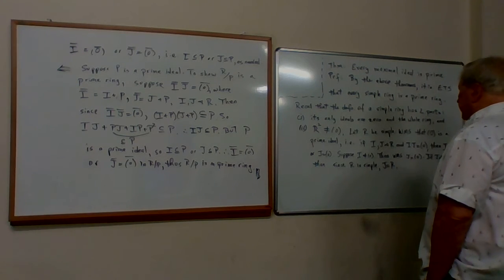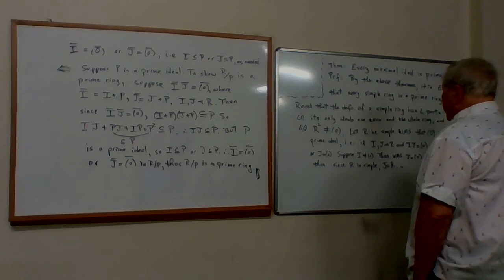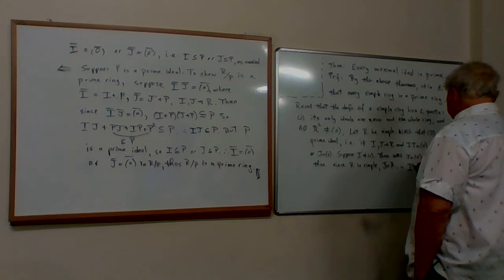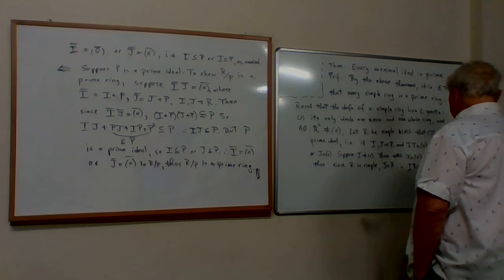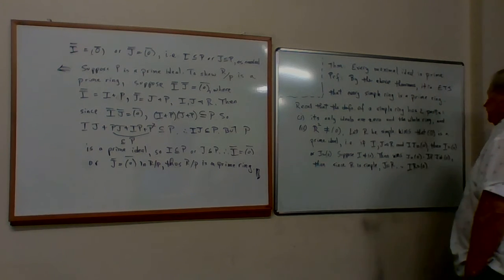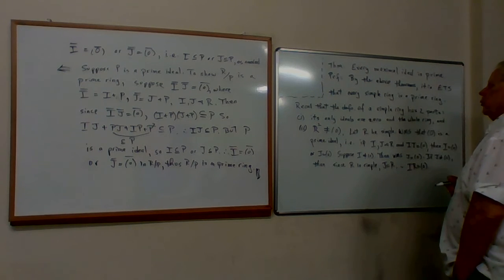Therefore, I times the whole ring is equal to 0. But what's wrong with that?